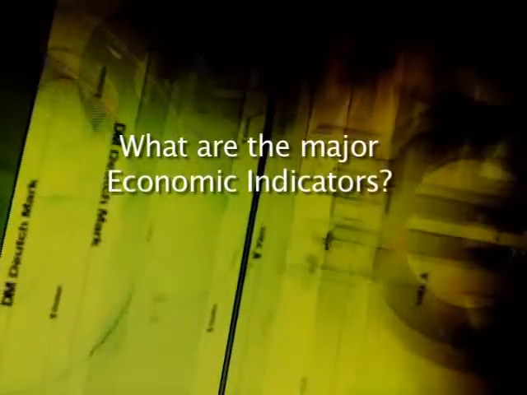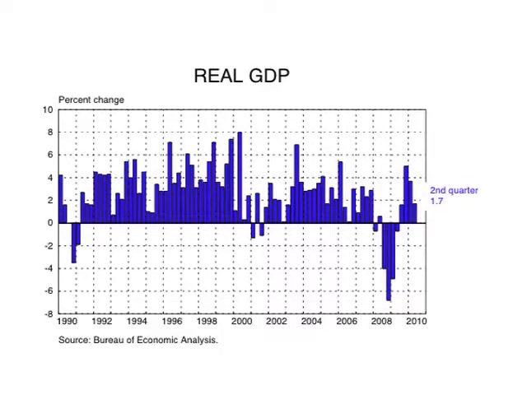Okay, so let's become familiar with the major economic indicator, gross domestic product, known as GDP. Yeah, GDP, for instance, is the sum of all goods and services produced by either domestic or foreign companies. GDP indicates the pace at which a country's economy is growing or shrinking, and is considered the broadest indicator of economic output and growth. Okay.